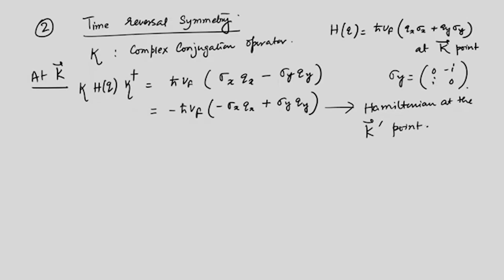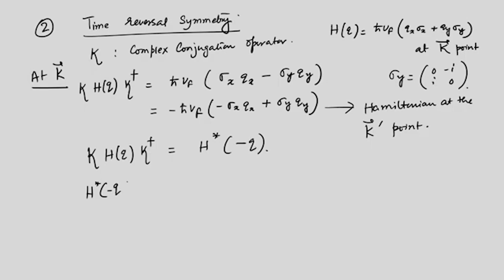Okay. So, that tells you that we get this K h of q K inverse, this is equal to H star of minus K. Okay. And rather, I should write it as Q, because Q is the small wave vector.